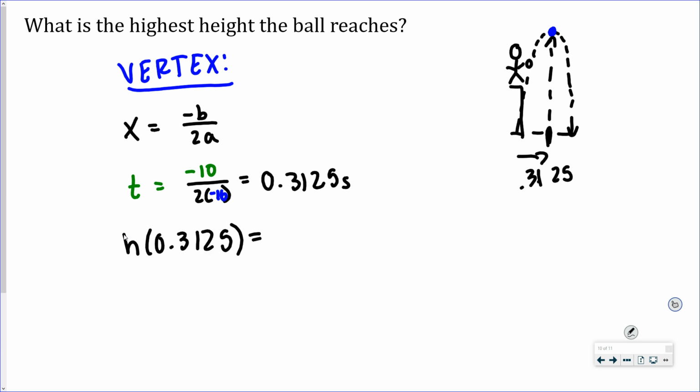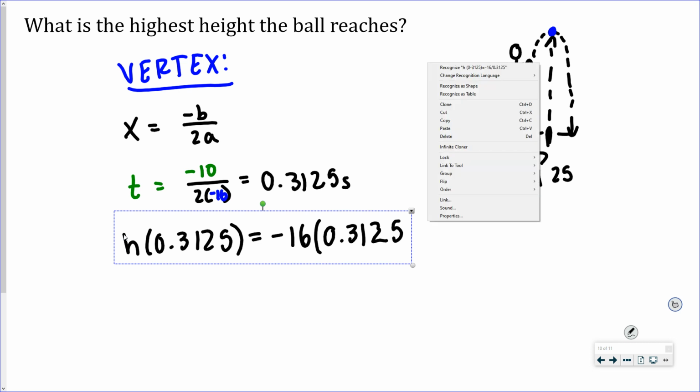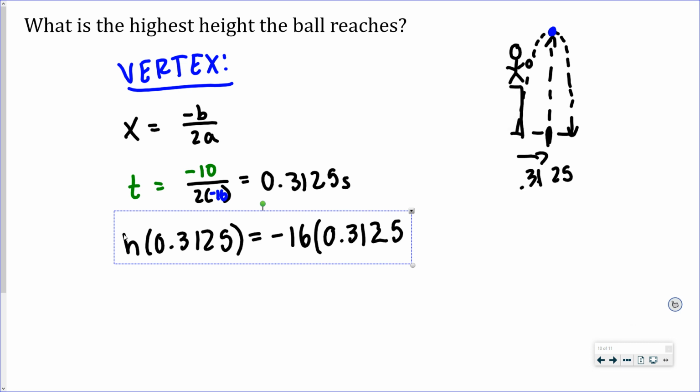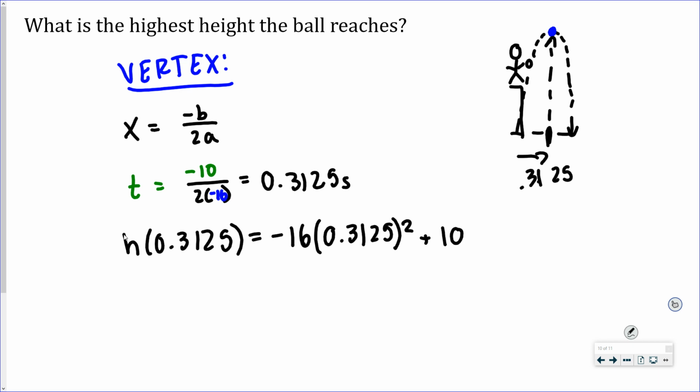0.3125, which would be negative 16 t squared plus 10t. I think I just need to go slower.